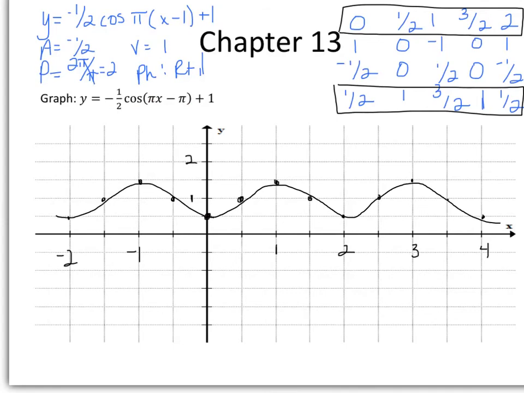Now, like I said, we're not done. We need to apply the phase shift, and the phase shift was every point gets moved to the right 1 full unit. So I'll start with this one and move it over to the right.